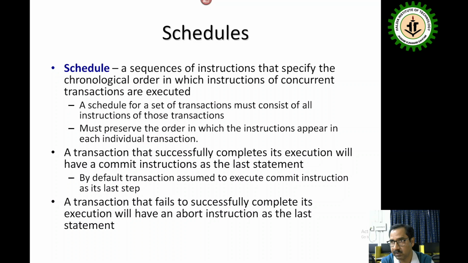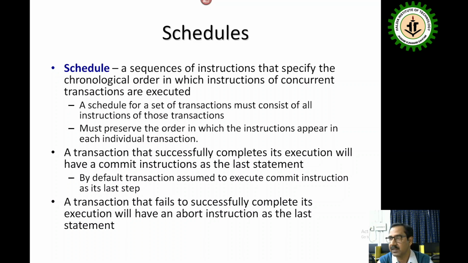If there are three transactions, Ti, Tj and Tk, each having a set of instructions, then all the instructions of a particular transaction Ti must appear and execute in that order.